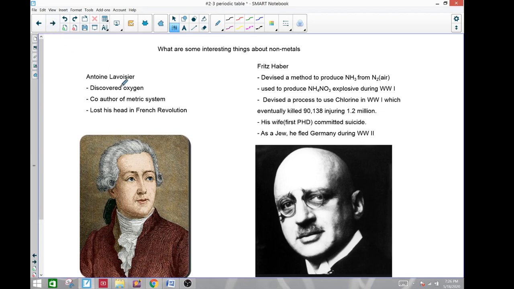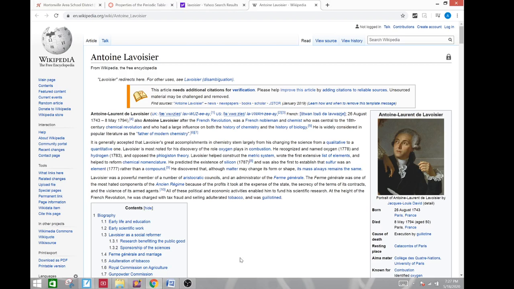Interesting properties, again nice to know stuff, a few things about nonmetals. Antoine Lavoisier is a pretty famous French chemist. You can go over to Wikipedia and grab this guy for a second. What do you notice about him?